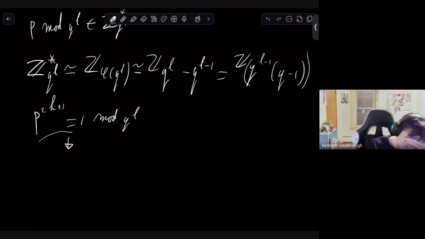So what does this mean in cyclic terms? It means that in my group, I want to get out a 0 element.